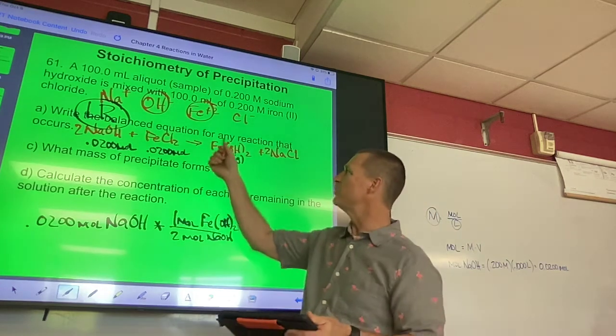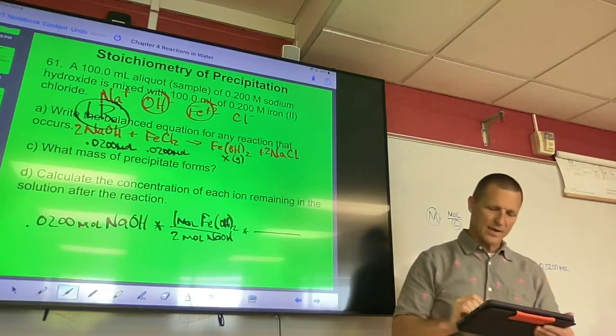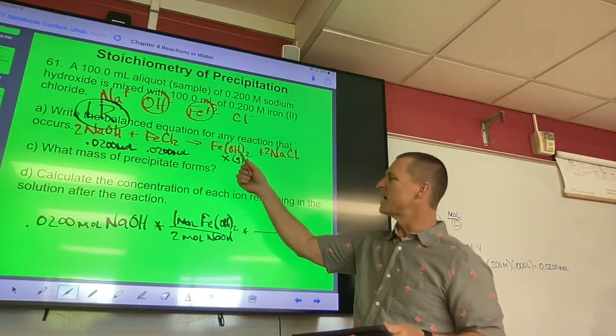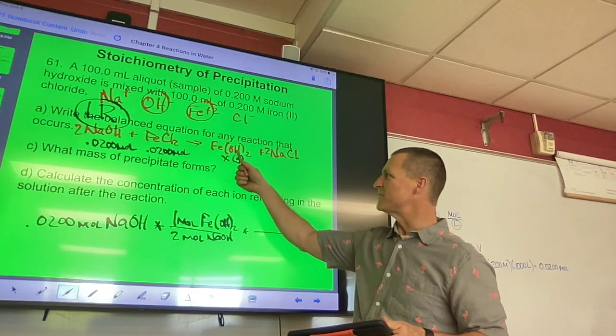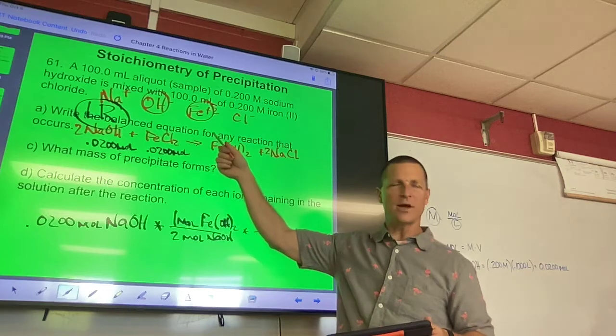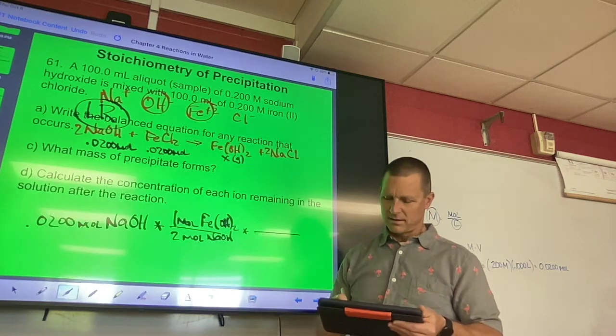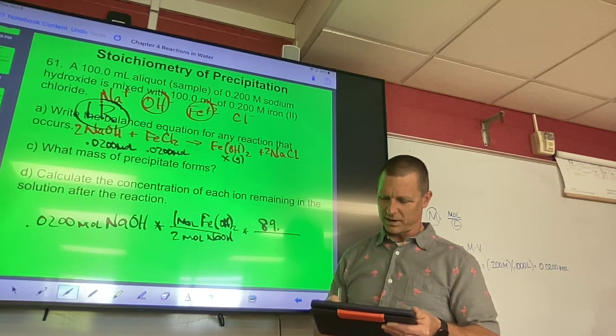And then we do need grams. It does ask us what mass of precipitate forms, so that's one last step. Iron hydroxide: hydroxide is 17 with the O and the H, times 2 is 34. 34 plus 55.8. 55 plus 34 is 89, and then we have a 0.8 there from the iron.